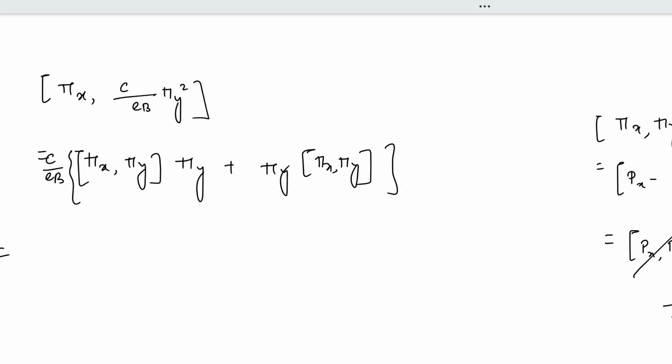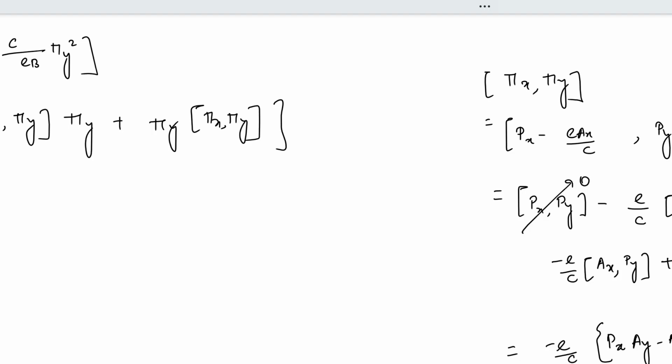So this is equal to minus e by c, minus i h cut, Px equal to minus i h cut del x, and that del x will be operating on Ay, so del Ay del x, minus Ay, minus i h cut is minus minus plus, plus i h cut Ay del x. So remember that these are operators, so normal product will not work.